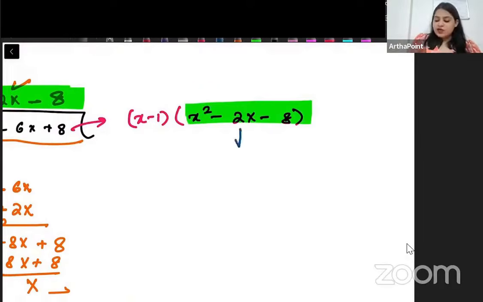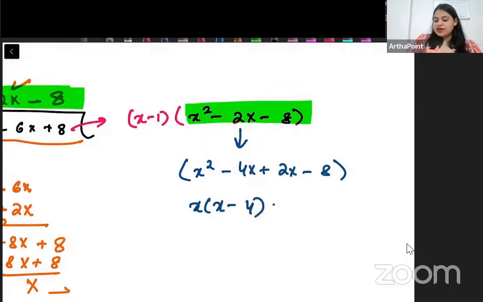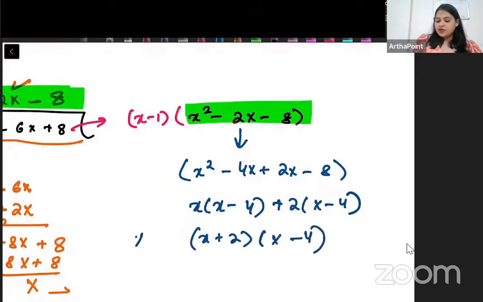So beta, if I need to factorize this, it can be x square, 8 is 4 into 2. So minus 4x plus 2x minus 8. So this will be x minus 4 plus 2, x minus 4. So this will be x plus 2 into x minus 4.